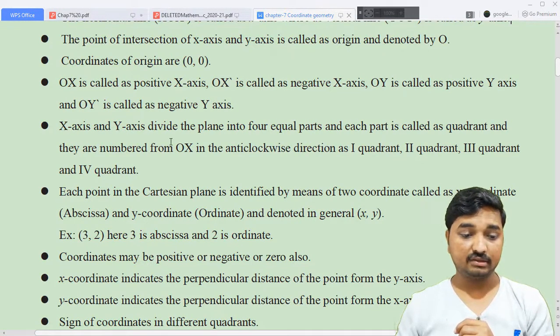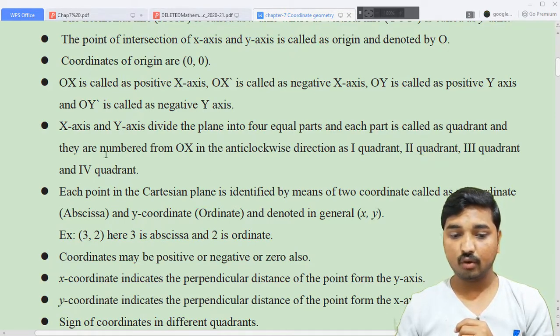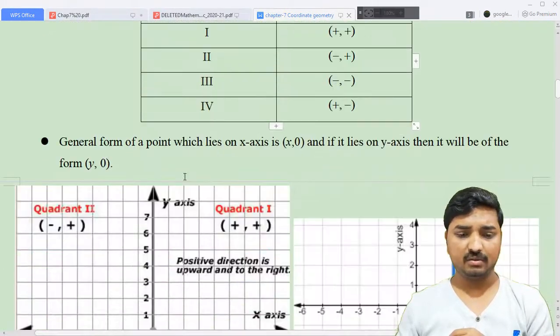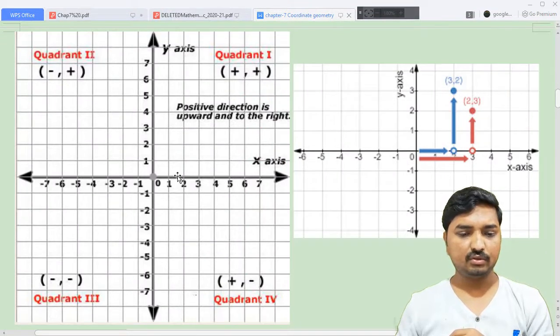It says: the x-axis and y-axis divide the plane into 4 equal parts. Each part is called a quadrant, and they are numbered from OX in the anti-clockwise direction as first quadrant, second quadrant, third quadrant, and fourth quadrant. It's already known to you.